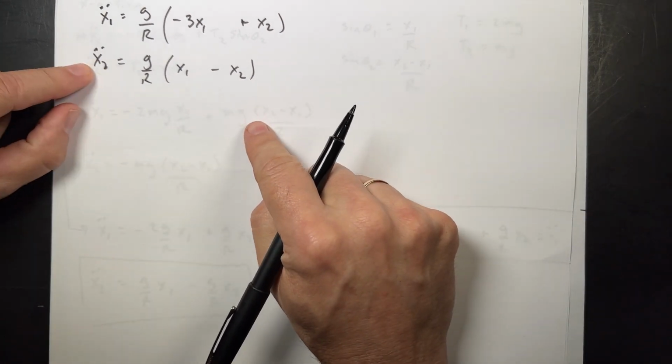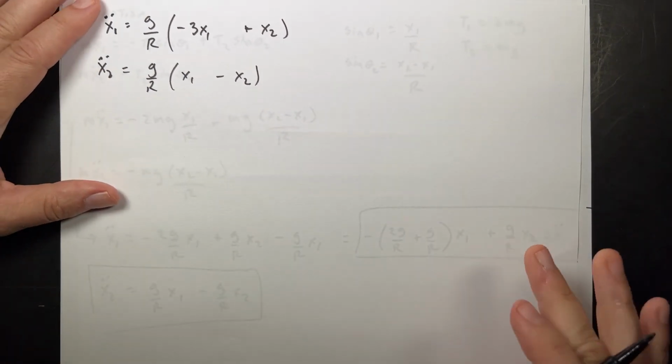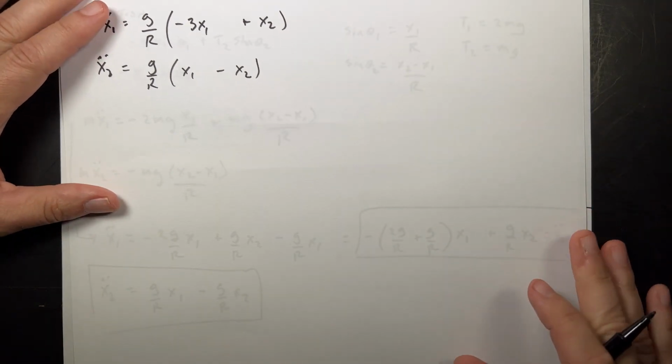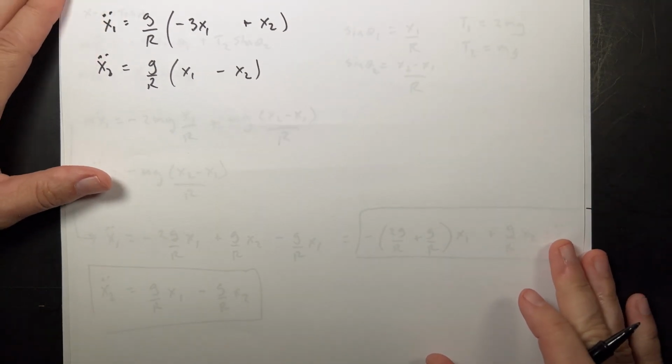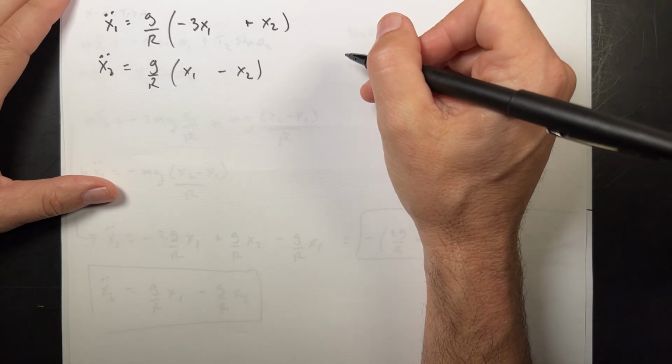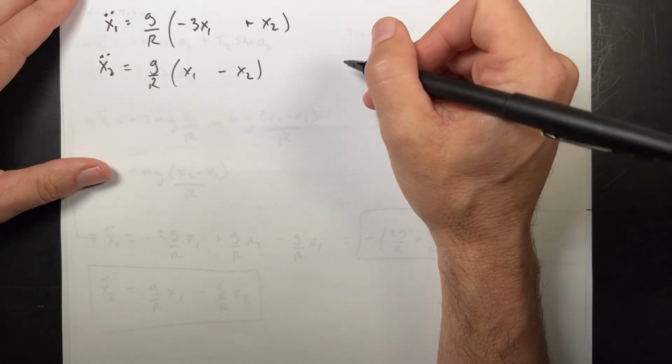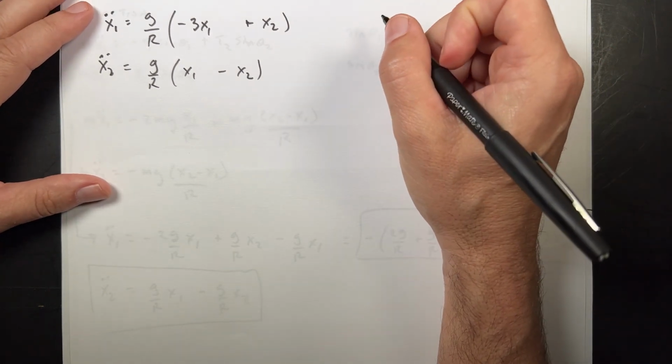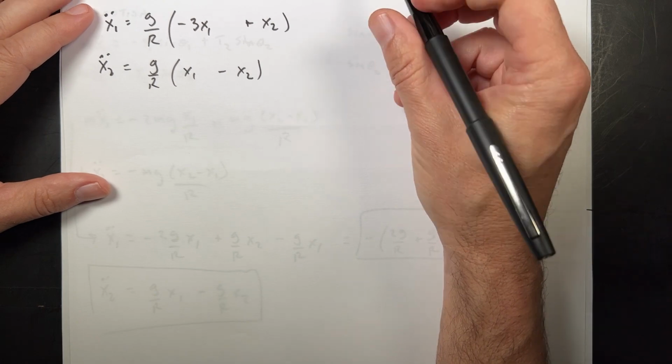Because now what I want to do is to assume a normal mode. If I assume a normal mode so that x1 and x2 have the same frequency, then I can write, and this is the same thing we did for the other eigenvalue problem. If you want a more detailed review of that, I'll put a link down below.